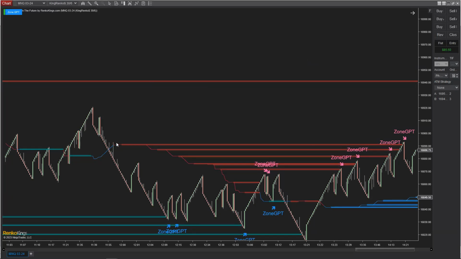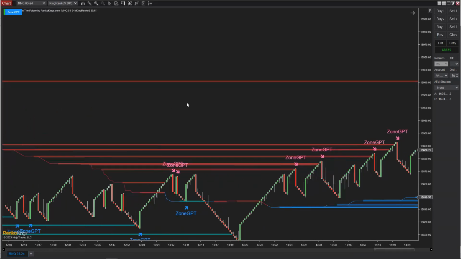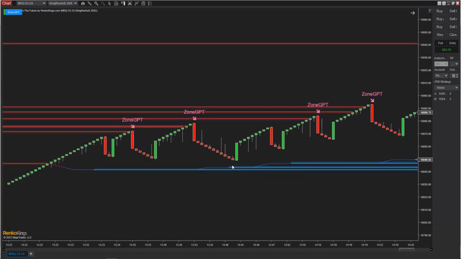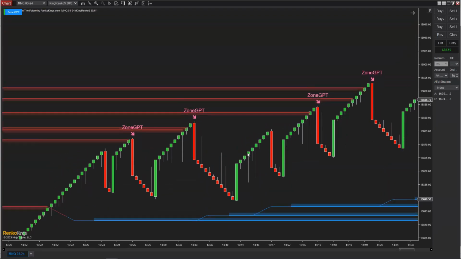Okay, so if you just joined late, the difference between King Renko and Ninja Renko is that with King Renko, the bar opens up where you see it open up, and it goes down. It has a tail. It truly reflects price. A Ninja Renko bar is what's called an irregular bar. It does not open at the bar low or anything like that. So while it also has a wick, it is an irregular bar.